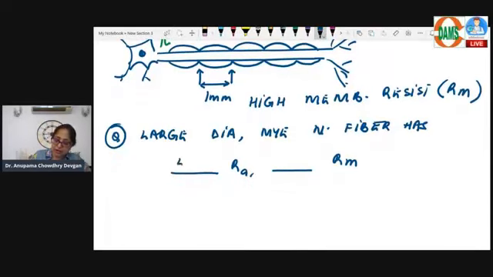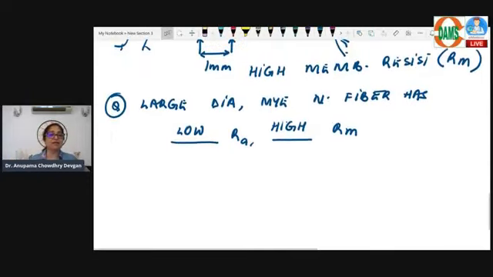So this becomes low RA, I've already discussed with you, low axoplasmic resistance, but a high membrane resistance. Total membrane resistance of a myelinated nerve fiber will be high. But I've told you, in spite of a high membrane resistance, it has a higher velocity of conduction because of saltatory conduction. Right? Its action potential is jumping.